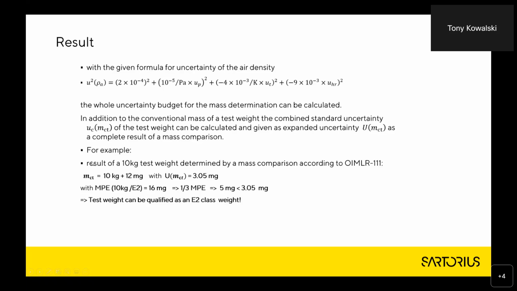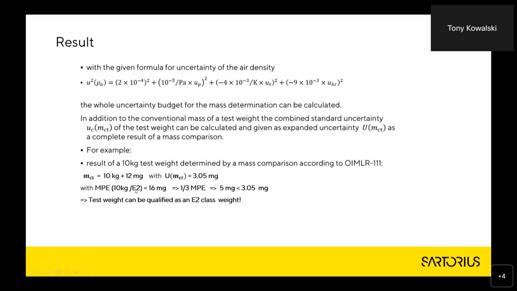This is proving that we're able, with a 10 kilogram test weight, we get the combined uncertainty of 3.05 milligram from our ABA cycles.